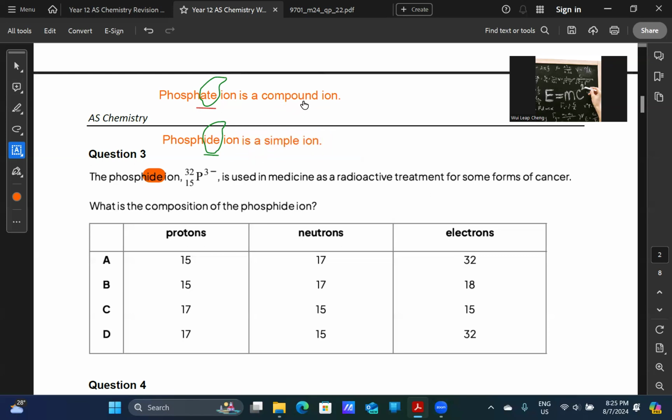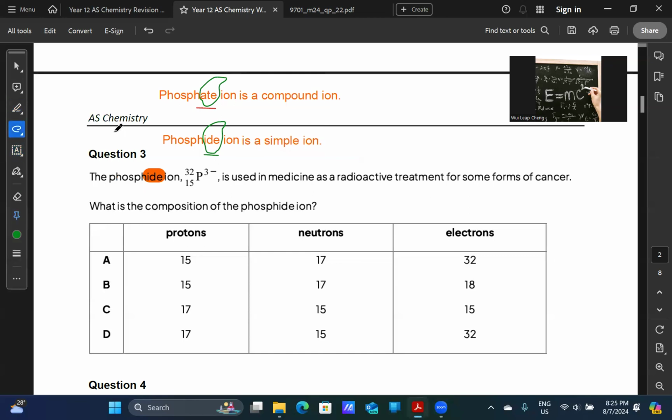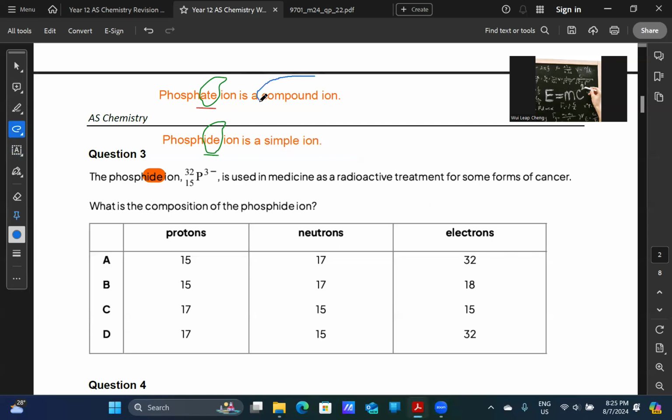Compound ions contain more than one element. When you see the word compound ion, am I right? It contains more than one element.